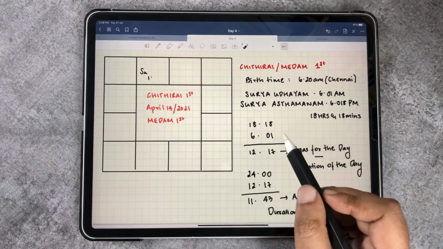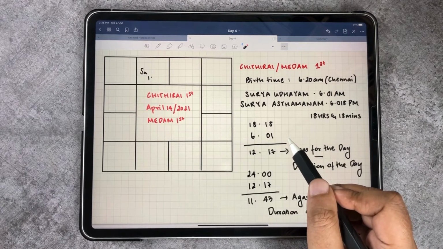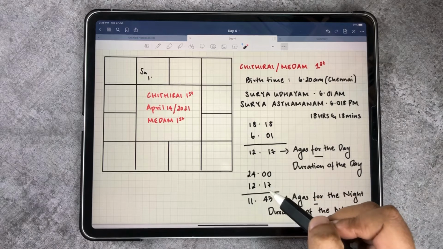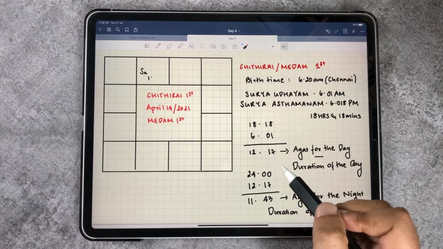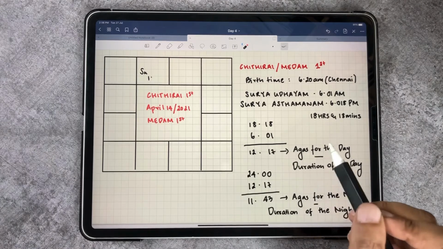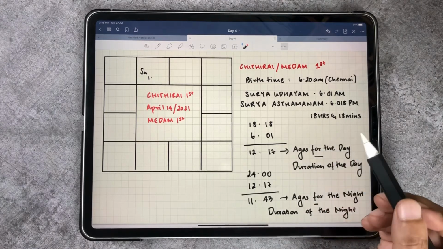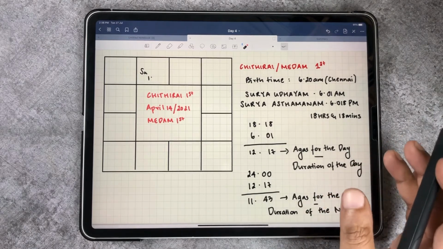Which means the first set of lagna will start from the Surya Udayam for the day and it will continue till the Surya Astamanam. Then the second set of lagnas would start from the Surya Astamanam and it will continue till the sunrise of next day. So once we find out this, that is when we would be able to start predicting.